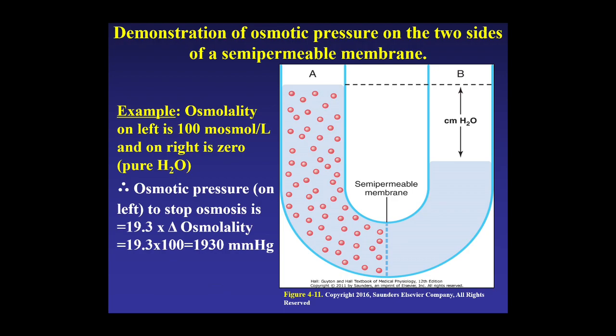It will be 100 times 19.3, which is equal to 1930 millimeters of mercury. So if the osmolarity on this side was 100 and on this side was 0, the pressure generated by this amount of fluid would be 1930 millimeters of mercury.